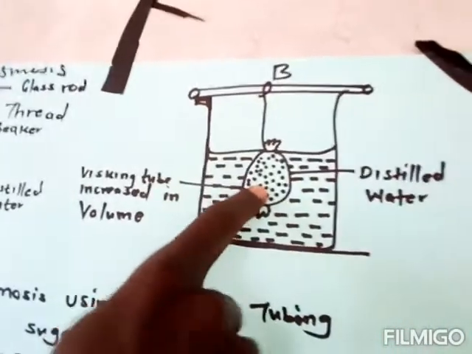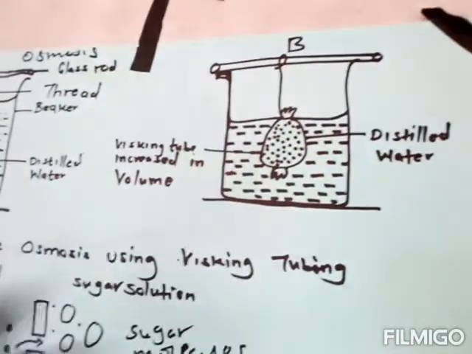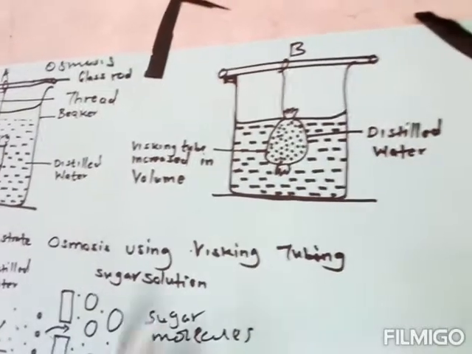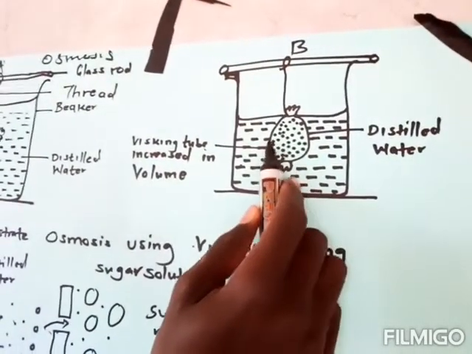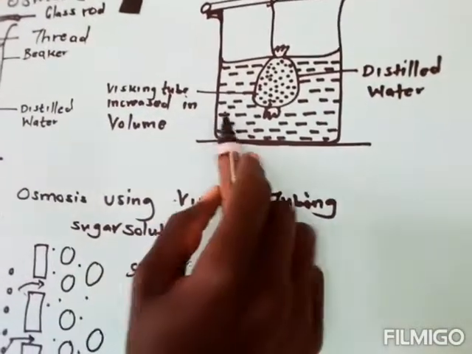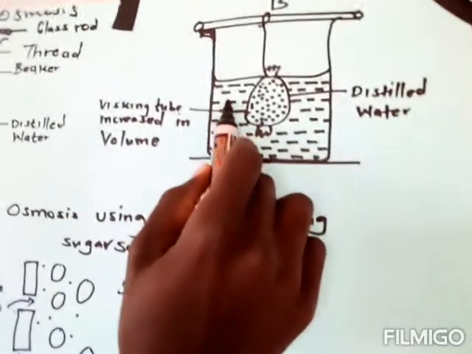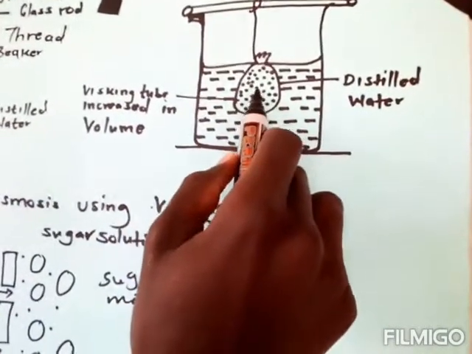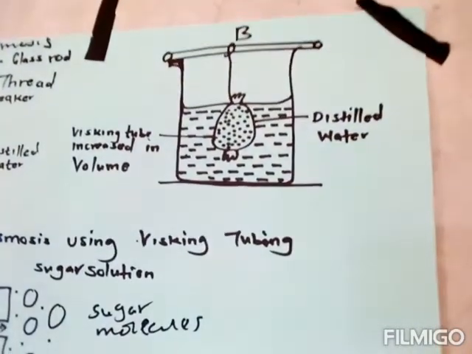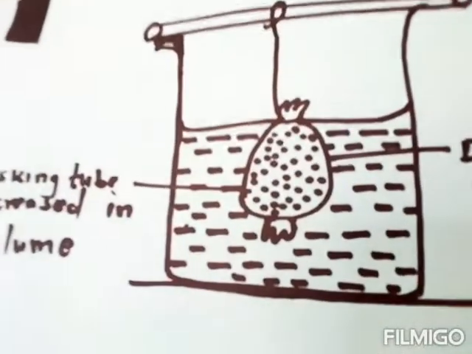So the molecules of sugar, because they are larger as compared to the molecules of distilled water, cannot pass through the whisking tubing, and water molecules move from the beaker into the whisking tubing by osmosis, leading to an increase in the size of the whisking tubing.